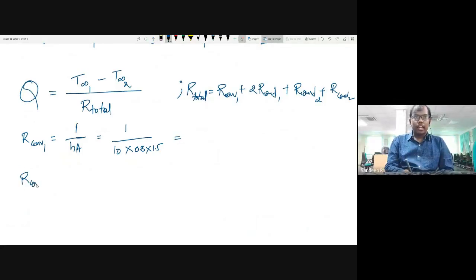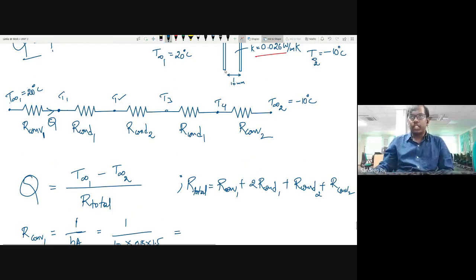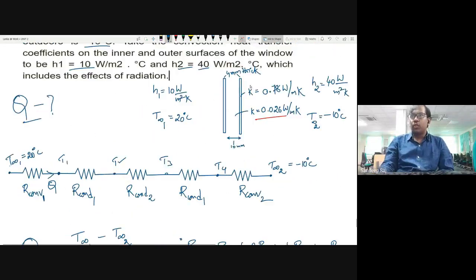Then R conduction 1. R conduction 1 is equal to L1 by kA. What is L here? It is the thickness of this glass, which is 4 mm.